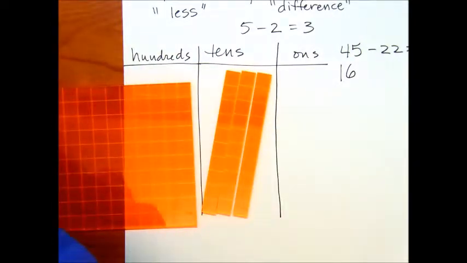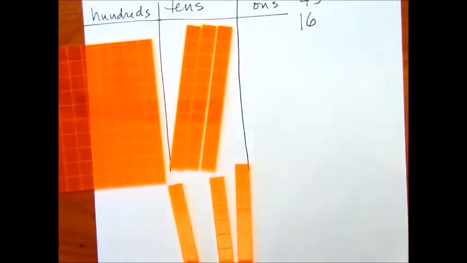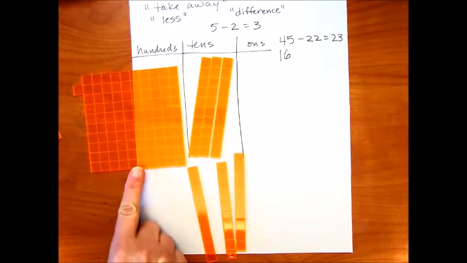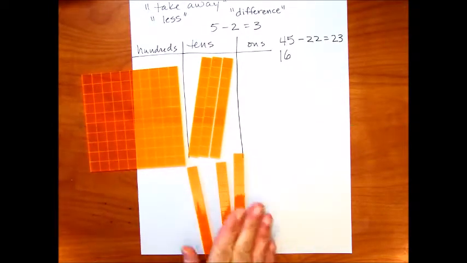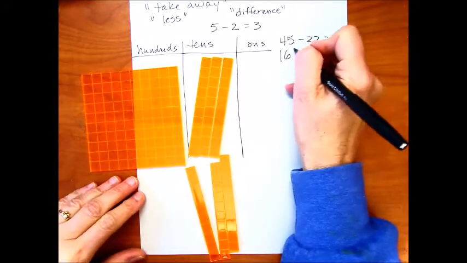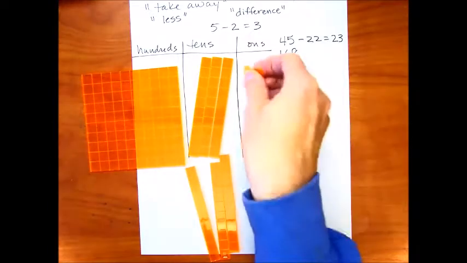Kind of have to smush them in. Can't really see them all. I'm going to zoom out. Okay, so we've got 1 hundred, 6 tens, and 8 ones. So that number is going to be 168.